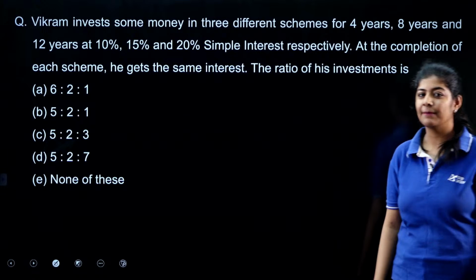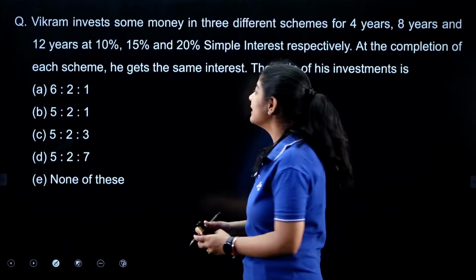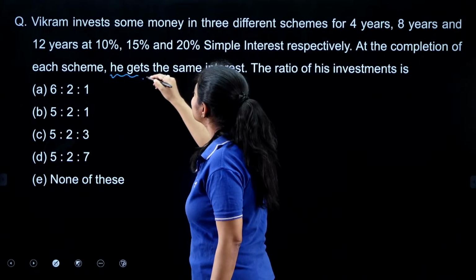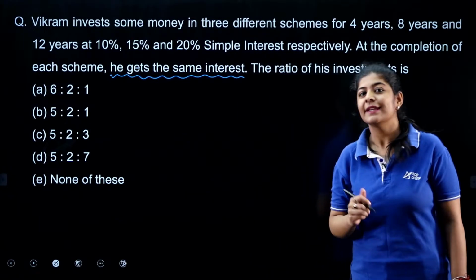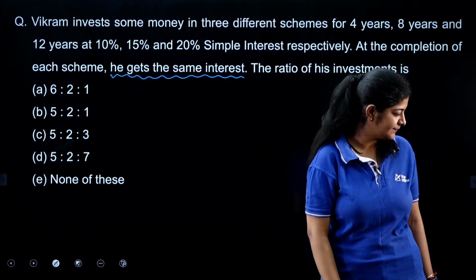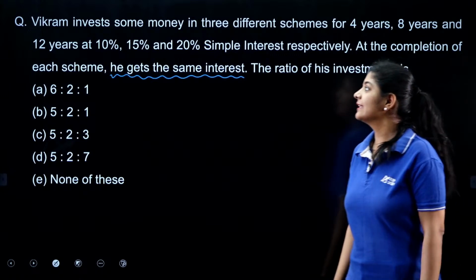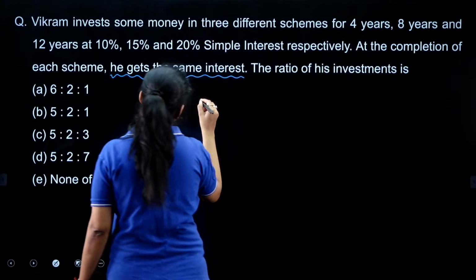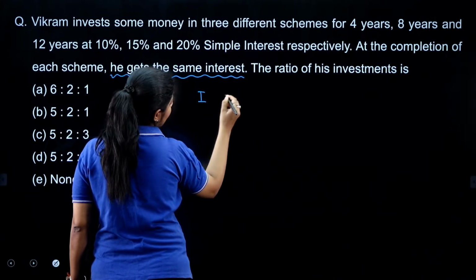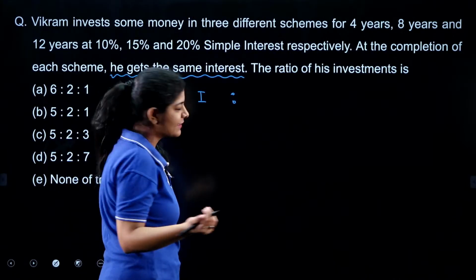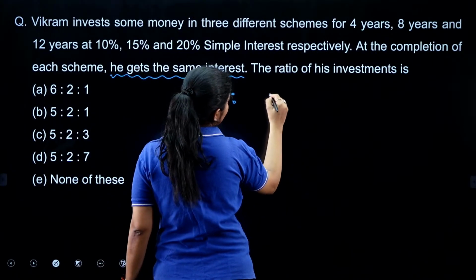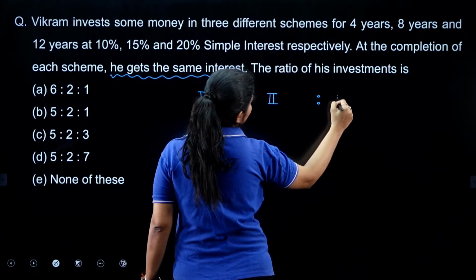It's a very simple one, as it is clearly mentioned that he is getting the same interest for all 3 schemes that he has invested in. So let's start discussing it. Let's suppose this is the first part of the amount, or the first investment. This is the second investment, and this is the third investment.